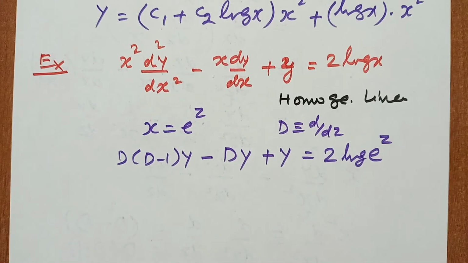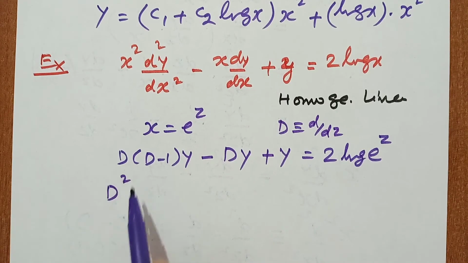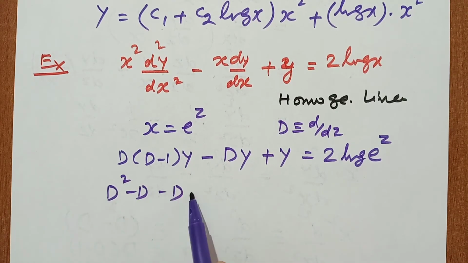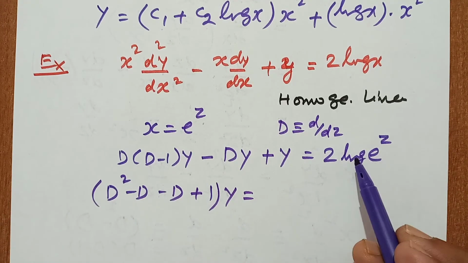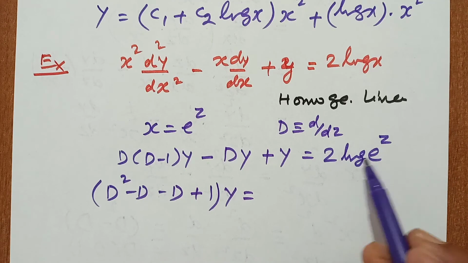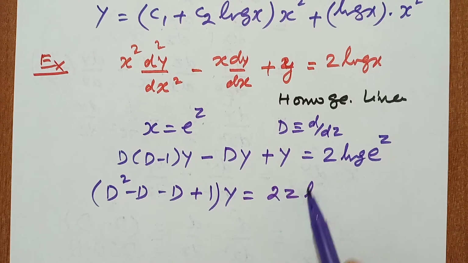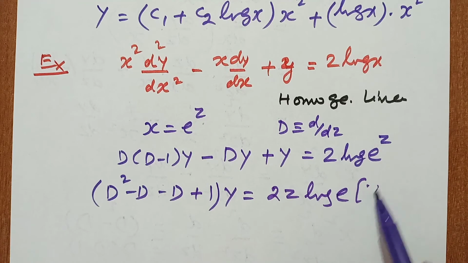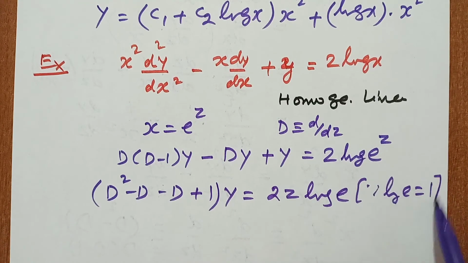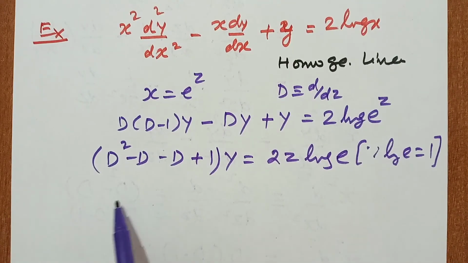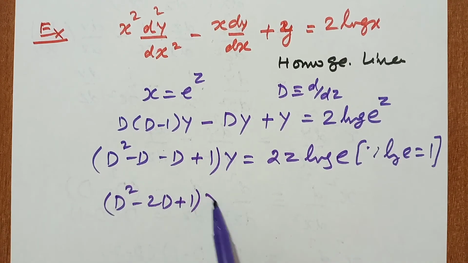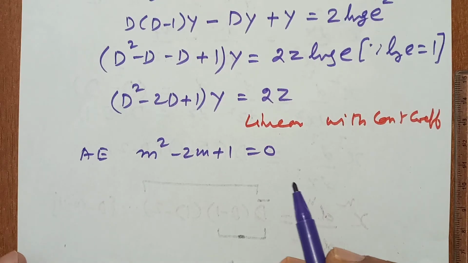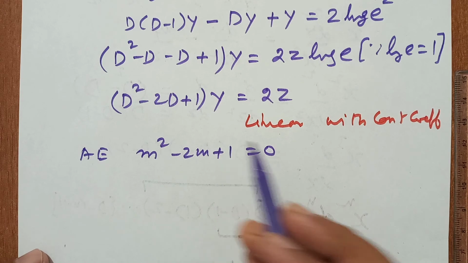So this is (D square minus D minus D plus 1) y equal to 2 log e to the power z. Since log m to the power n is n log m, this is 2z log e. Since log e is equal to 1, this is only 2z. So (D square minus 2D plus 1) y is equal to 2z, which is a linear differential equation with constant coefficients.